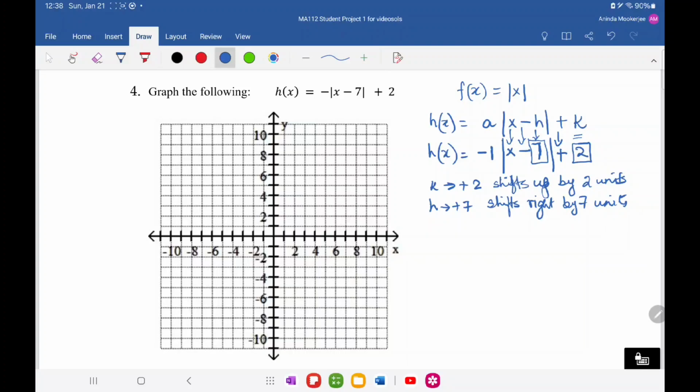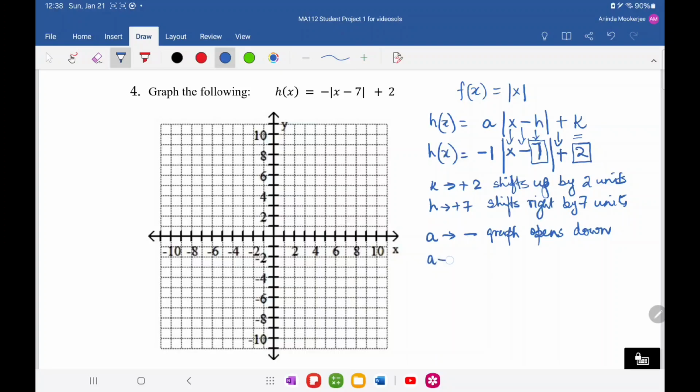And then we have a, right? Now, there are 2 things to mind about a. If a is negative, then the graph opens down. In other words, it's a reflection of the base graph across the x-axis, but I'll just write opens down.